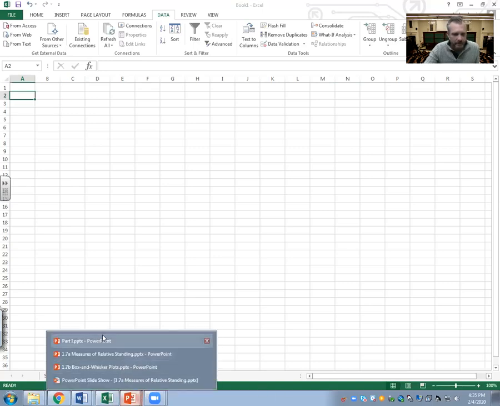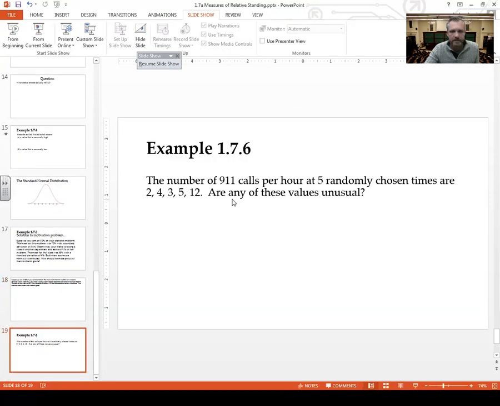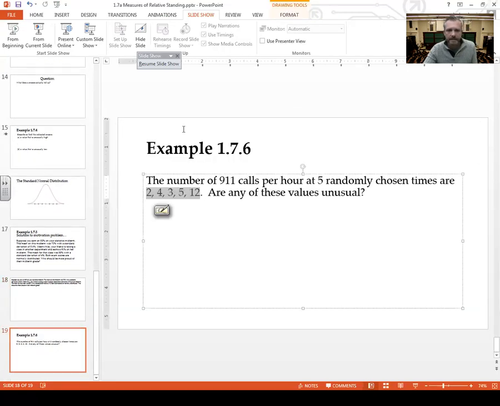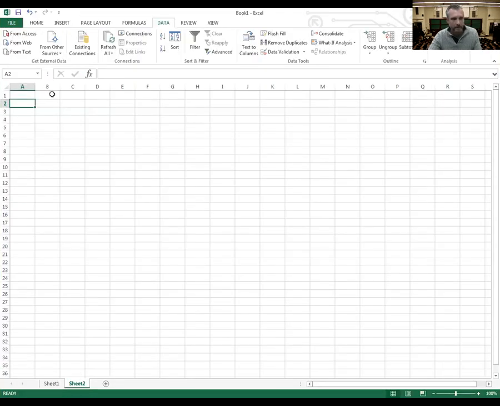One of the ways to do this is you can just highlight these, press Control-C to copy them, and then put them in Excel.